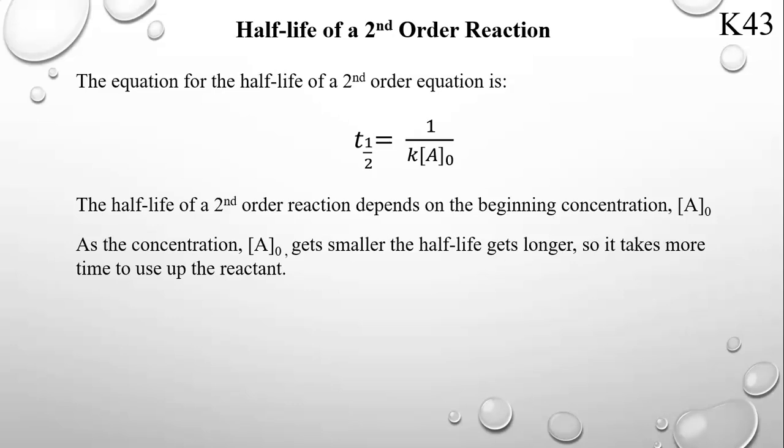As the concentration gets smaller, then the half-life is going to get longer and longer. That's because the reaction won't happen as fast. So the half-life of a second order reaction depends on the beginning concentration A naught. As A naught gets smaller, the half-life gets longer, so it takes more time to use up the reactant.